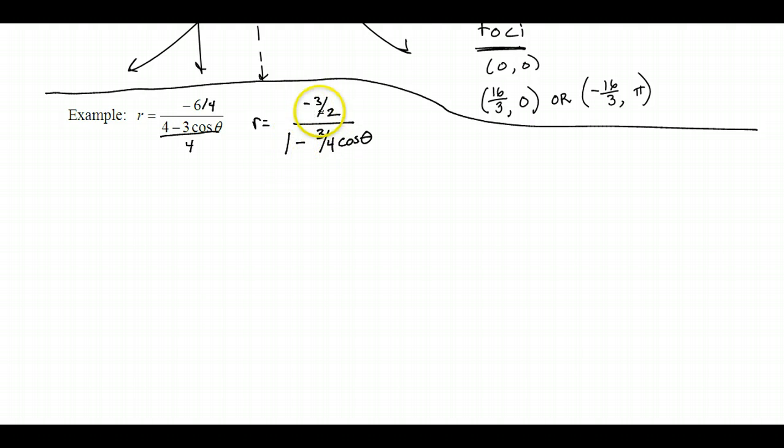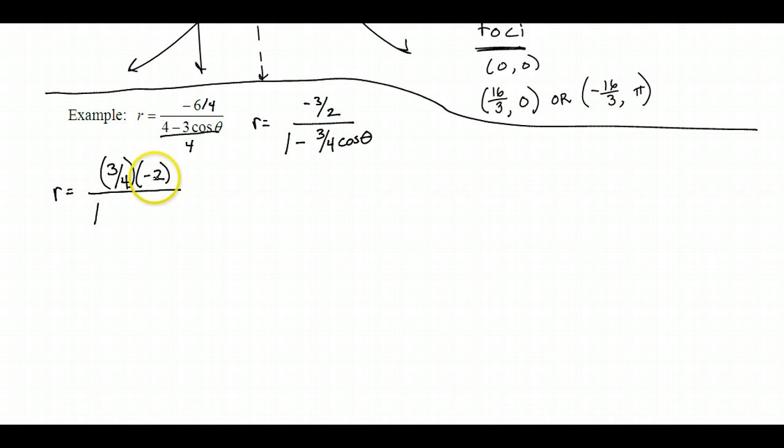Well, in this situation, here's the first time that we've had a negative in the numerator, and that's pretty common, actually. And eccentricity can't be negative, so we know our eccentricity, if we look here, has to be 3/4. And then 3/4 times what is going to give us negative 3/2? That would be a negative 2.